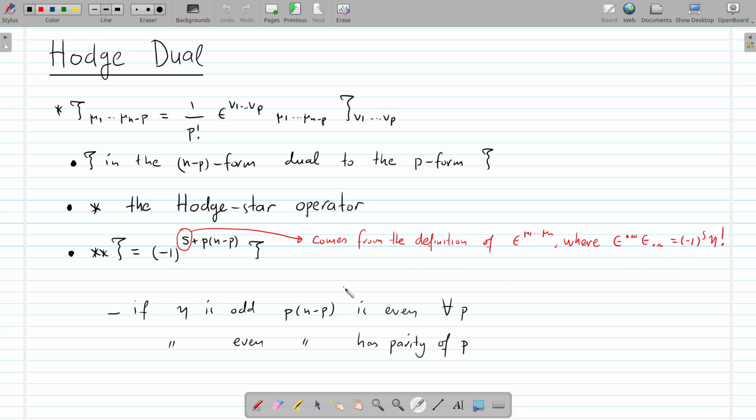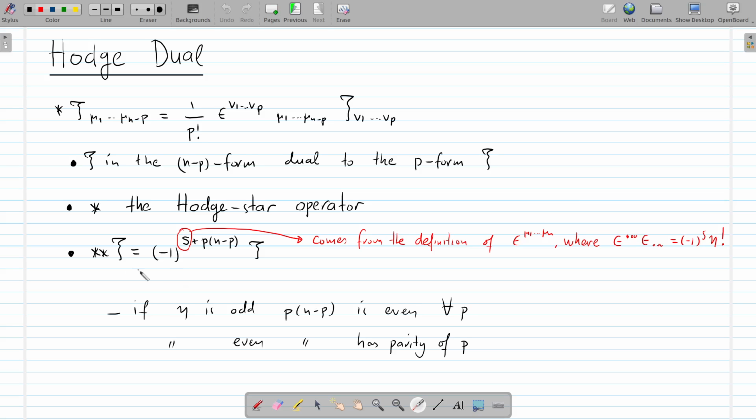It is nice also to observe that the sign here looks complicated, but it can be stated in plain English, especially in odd dimensions, like in 3 dimensions. So in 3 dimensions, this product here is even for every value of p.